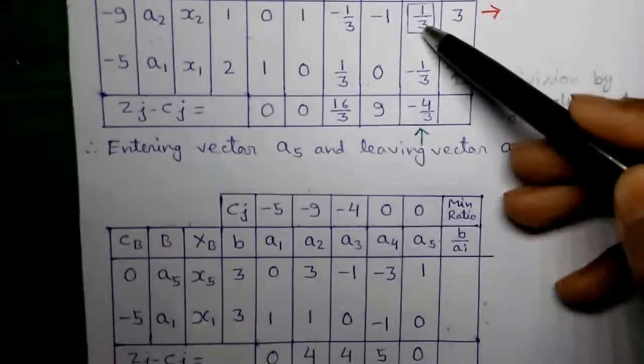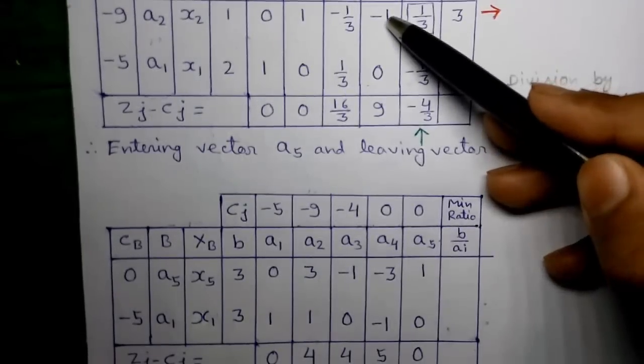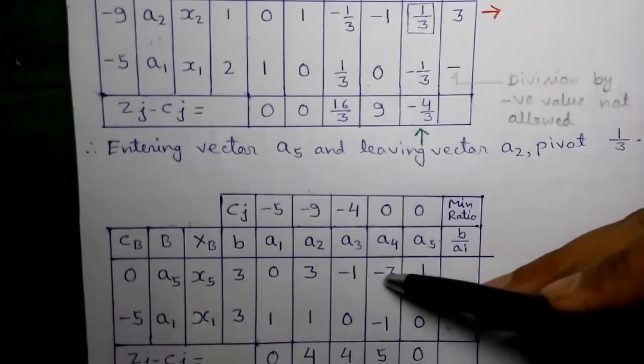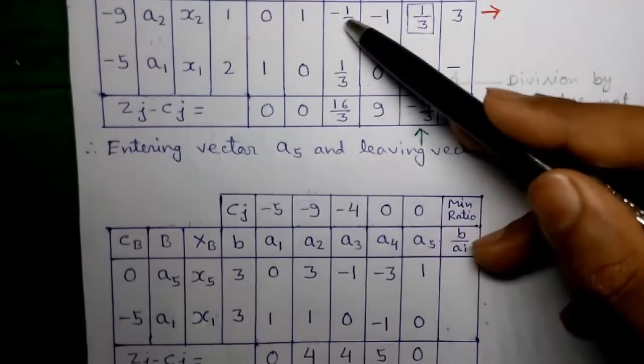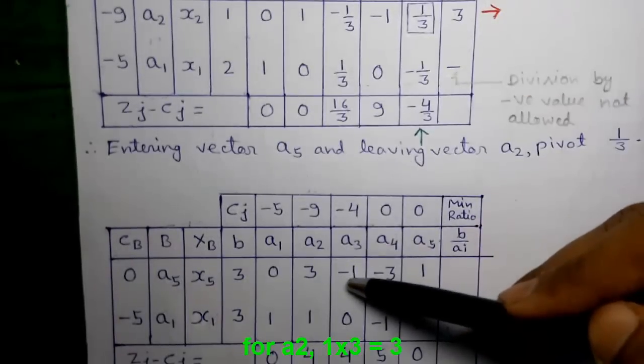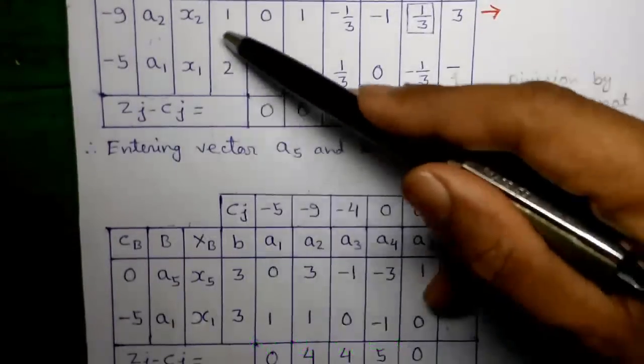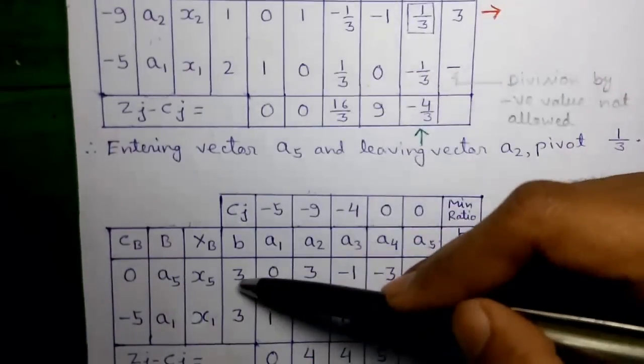So 1 by 3 into 3 is 1, written here. Minus 1 into 3, that is minus 3, written here. Minus 1 by 3 into 3, that is minus 1, written here. 0 into 3 is 0 written here. And 1 into 3 is 3 written here.